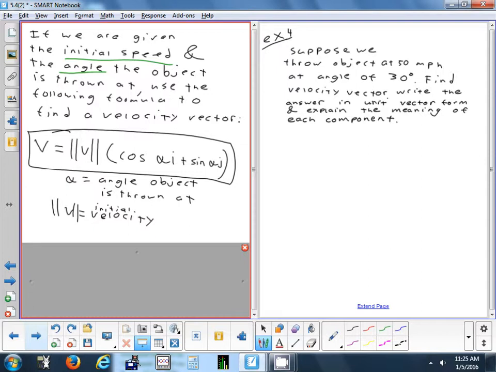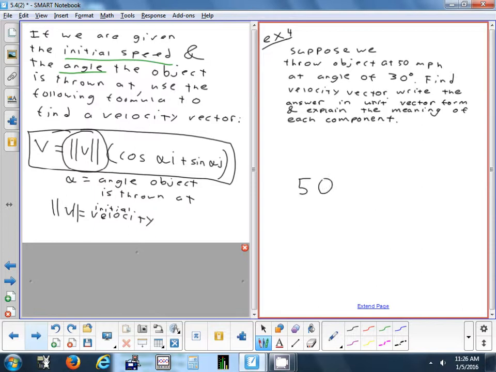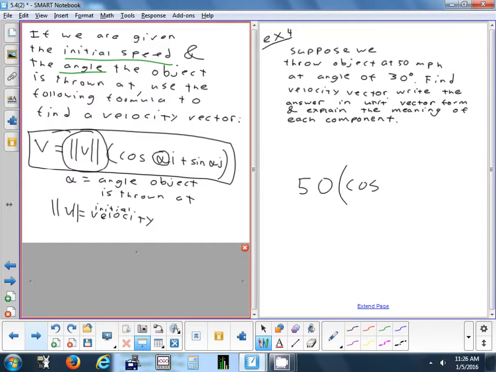They ask us to write it in unit vector form. That means i's and j's. So what's my speed? How fast am I throwing it? 50. That goes right there. 50 times cosine of, now I need alpha.